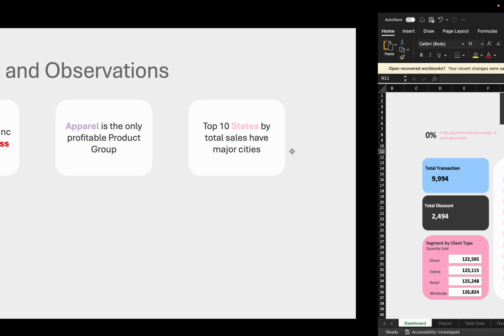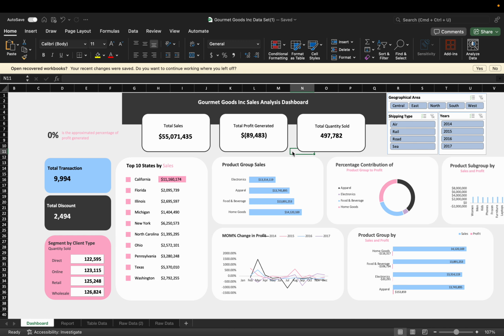In terms of the drivers, the business is not profitable across 3 out of 4 of its product groups, and those are the home goods, food and beverage, electronics.